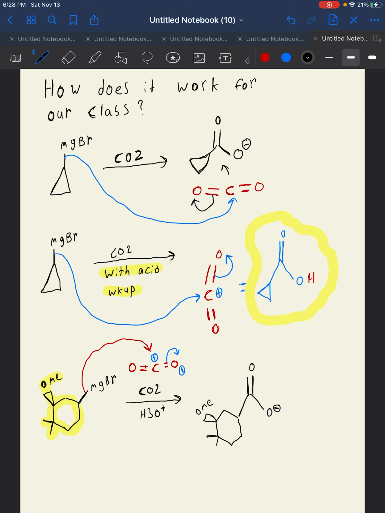It's not reacting with the CO2. We just have to redraw it in. The only thing that's actually reacting with the CO2 is the carbon attached to the Grignard. And then since we are, once again, reacting this with H3O plus, add on a hydrogen to the oxygen, like that. And that's how CO2 chemistry works.